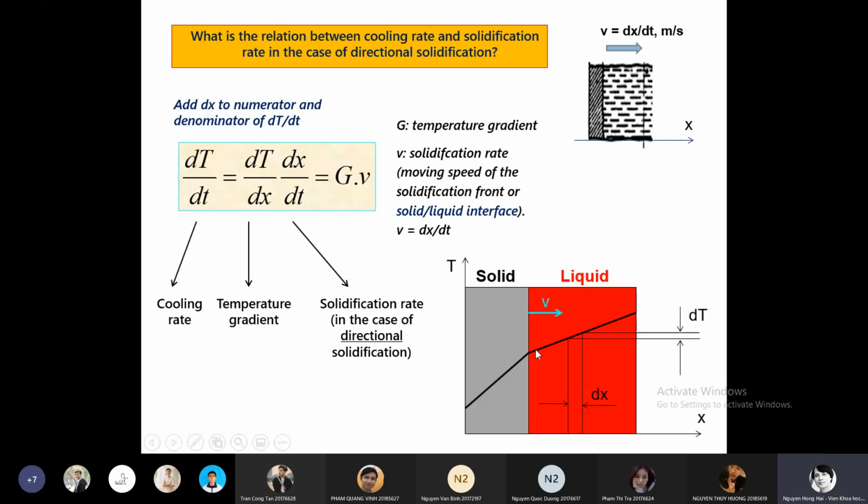So we have a positive temperature gradient. If the profile is flat like this, we have zero gradient: the temperature everywhere is the same. And if the profile is like this, the temperature decreases towards the center, and you have a negative temperature gradient. So we have three kinds of temperature gradient: positive, zero, and negative.